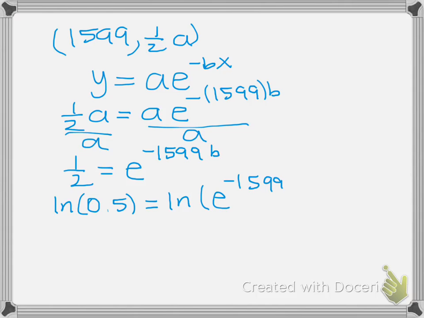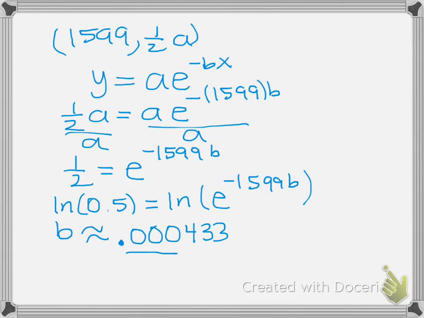Because I don't want to make this video too long, I'm going to skip some calculations, but make sure you check to see if you get the same solution. Once you finish solving for this, your B is going to be approximately 0.000433.